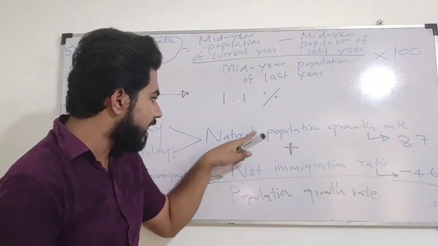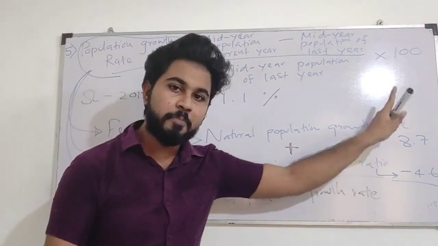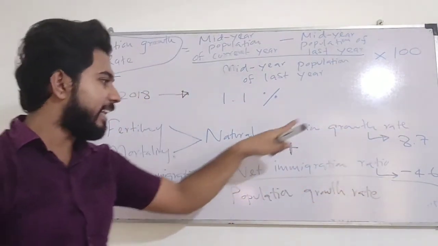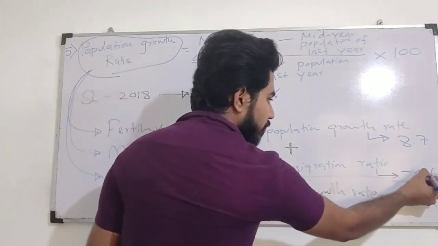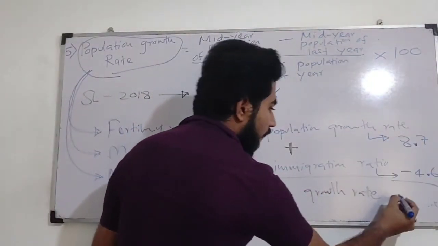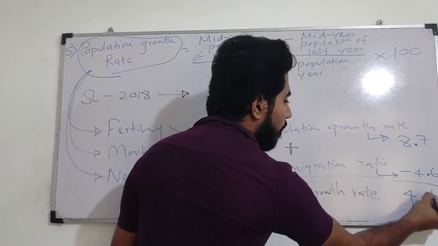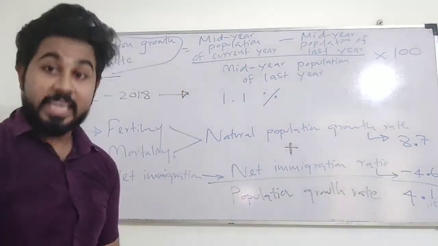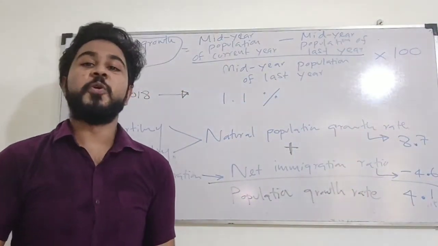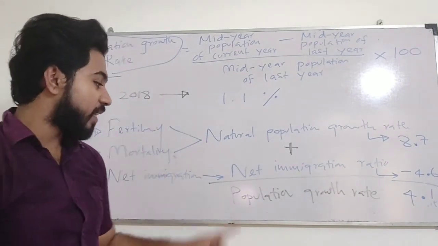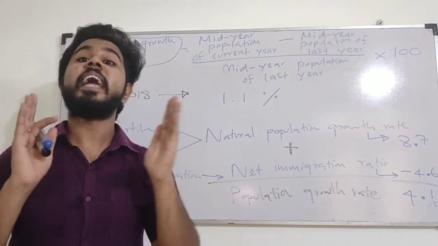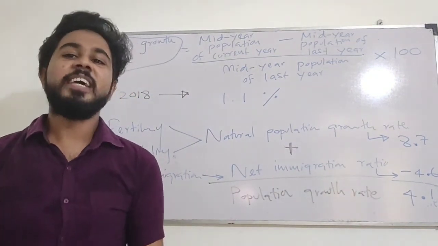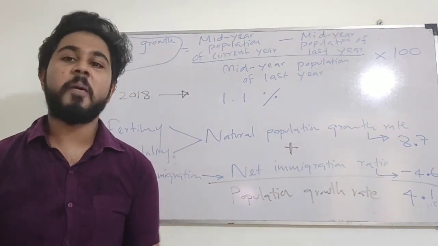Right now, add natural population growth rate 8.7 to net immigration ratio minus 4.6. So answer is plus 4.1. Is this a percentage? No. My dear friends, my dear students, this 4.1 is per every thousand persons or thousand of the population.